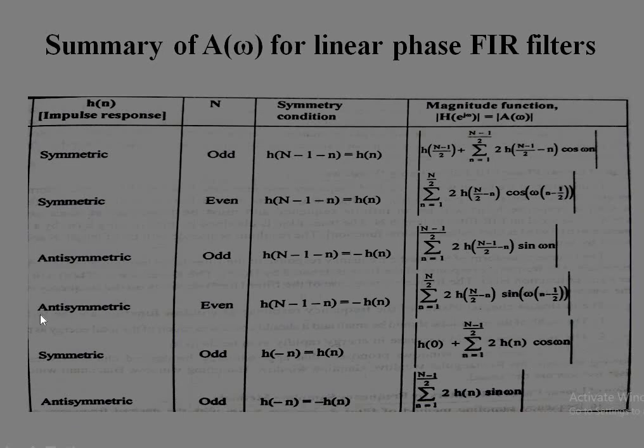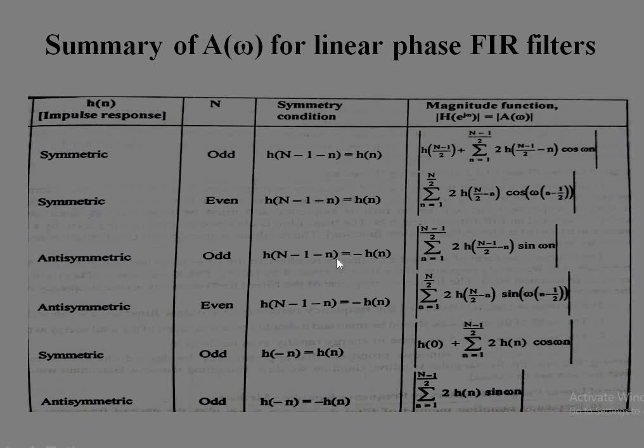This is a case derived from the symmetric case 1, where we have a symmetric impulse response with N odd, but the center of symmetry now lying at alpha is equal to 0. In the previous case the center of symmetry was at (N minus 1) by 2, but here now alpha is equal to 0.